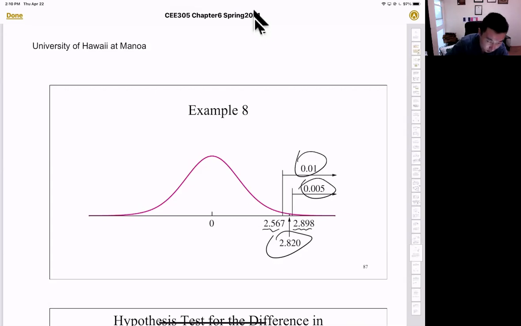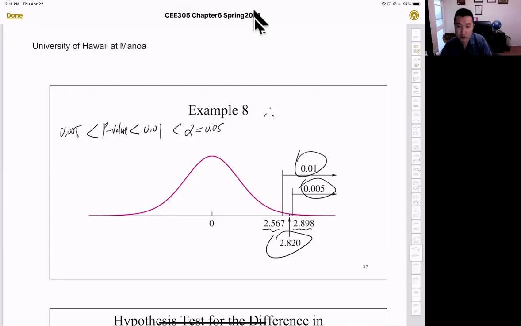So we know the p-value is between 0.005 and 0.01, so the p-value is less than alpha. Alpha wasn't given, so we use 5%. So the conclusion is we reject H0 and we conclude H1 is true.